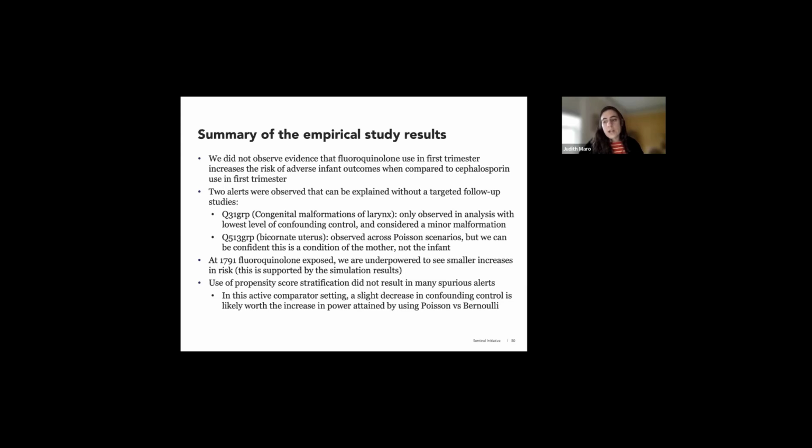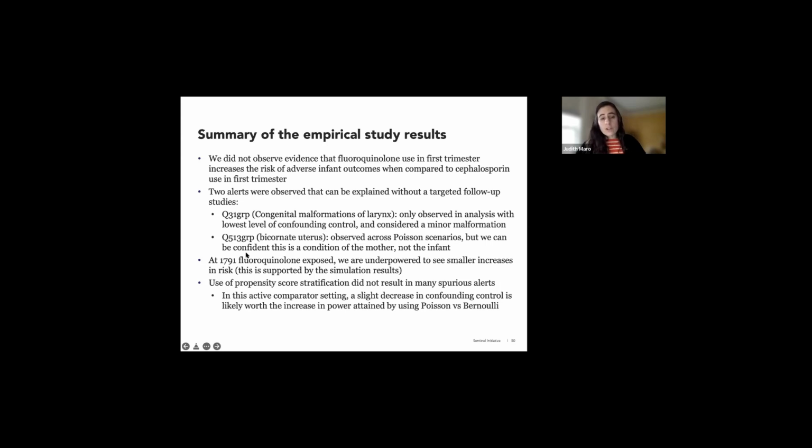Both of them did not graduate to being actual signals. One, we believe, is due to some sort of issues with confounding control, but also potentially that outcome wasn't real, in the sense that we saw it appear once, not again, and there was no serious sequelae in those particular infants. The other outcome was one that was in the mother's record, not the infant's record.